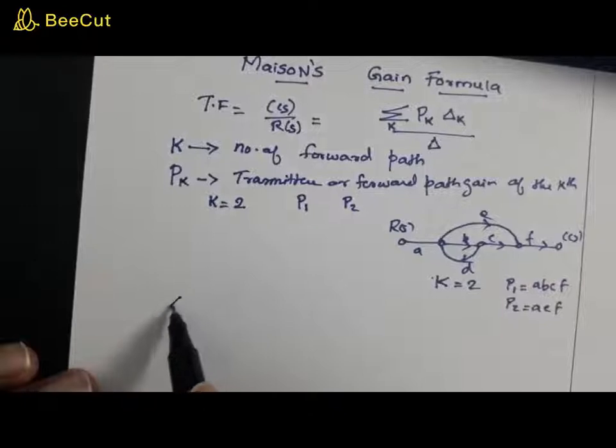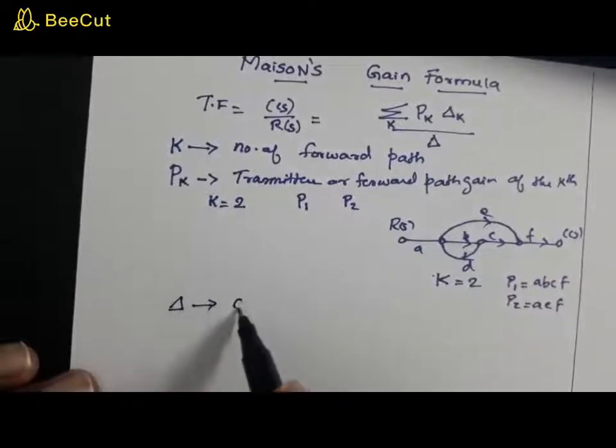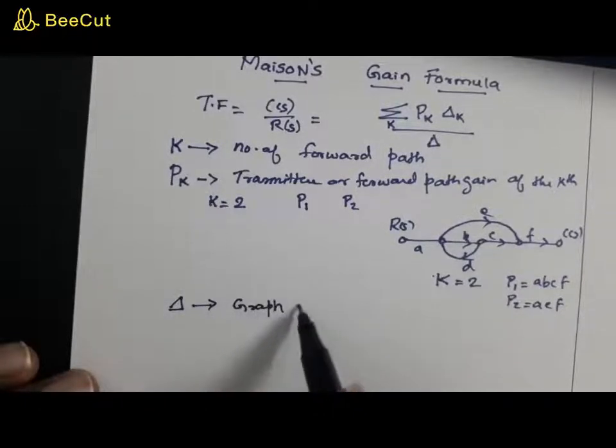So let's see what this delta is. Delta is called the graph determinant.